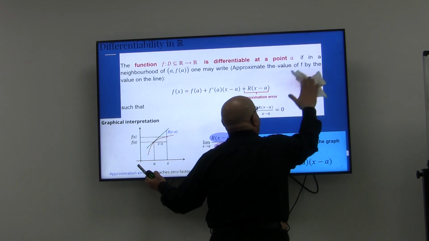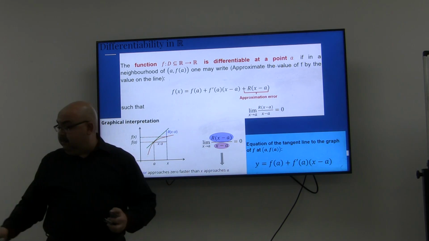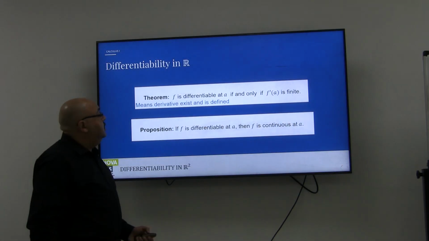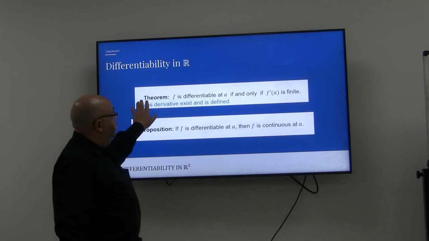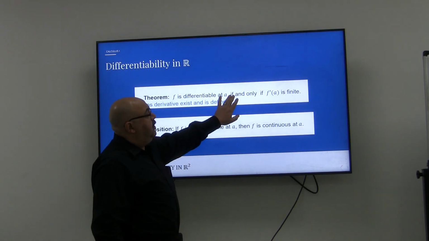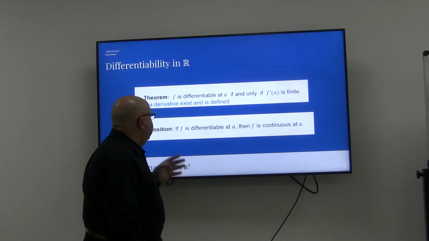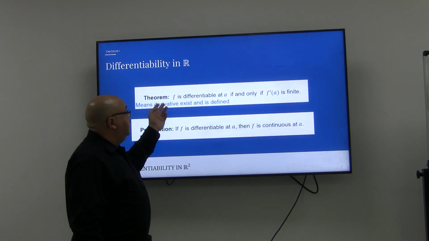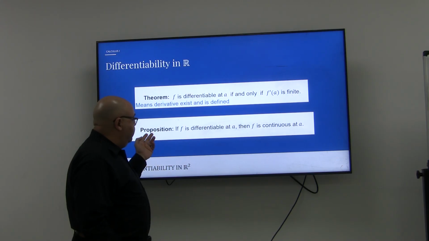Okay, this is the definition. This is the tangent line or the approximating equation that we will see down the road. So once more, the function is differentiable at a if and only if f dash a is finite, which means it's a value you can have, the derivative exists and is defined. Also, the proposition is really very important.